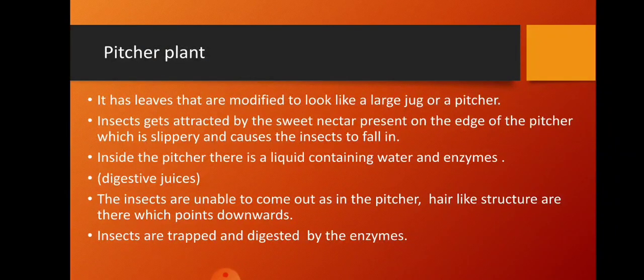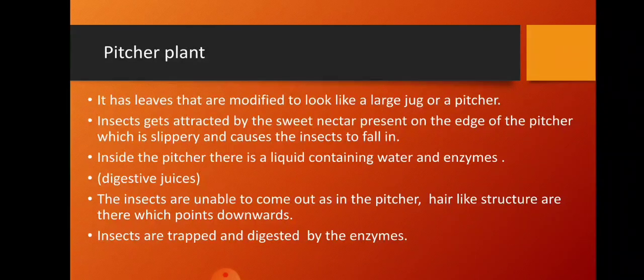Insects moving around the pitcher plant get attracted by the sweet smelling nectar present on the slippery edge of the pitcher, and the moment the insect tries to sit on it, it slips and falls into the jug. Inside the pitcher there is a liquid containing water and enzymes. Collectively, we can call it digestive juices.